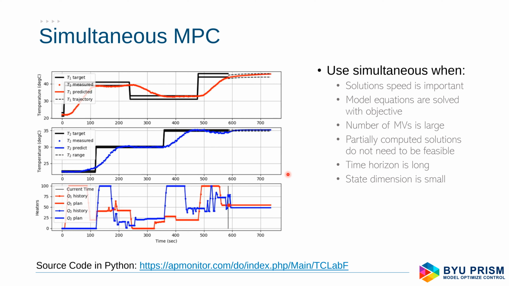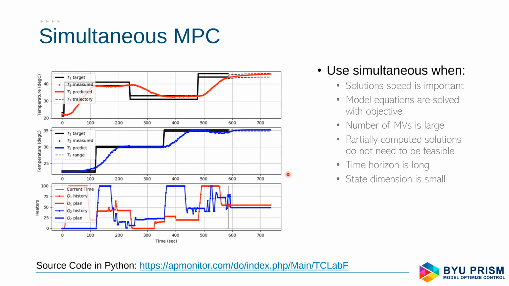The other issue with this, unlike the sequential approach, is that partially computed solutions, if it hasn't finalized to the convergence criteria, are not going to necessarily be feasible solutions. So you can't use an early stopping criteria.